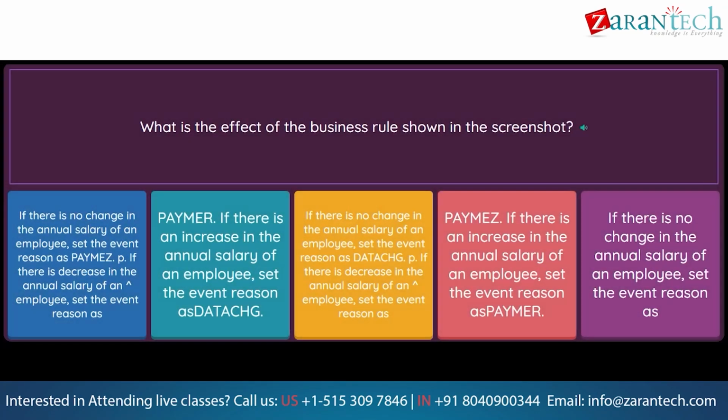Question: what is the effect of the business rule shown in the screenshot? Option 1: if there is no change in the annual salary of an employee, set the event reason as PAYMEN; if there is a decrease in the annual salary of an employee, set the event reason as PAYMER. Option 2: if there is an increase in the annual salary of an employee, set the event reason as DATACHG.